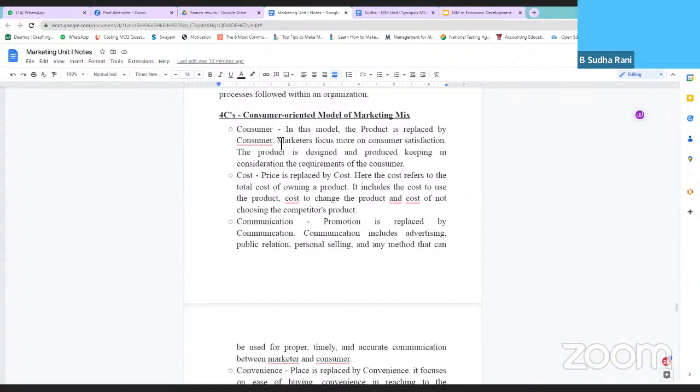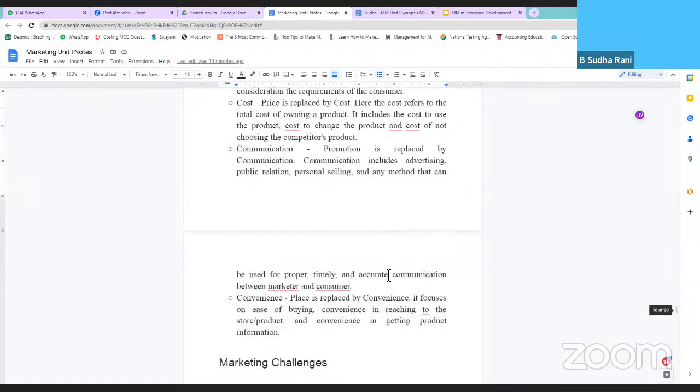That means if I choose this product, what benefits do I lose or what benefits do I get? You acquire the product and pay, but when using it, how much benefit are you getting? All these are considered accordingly.